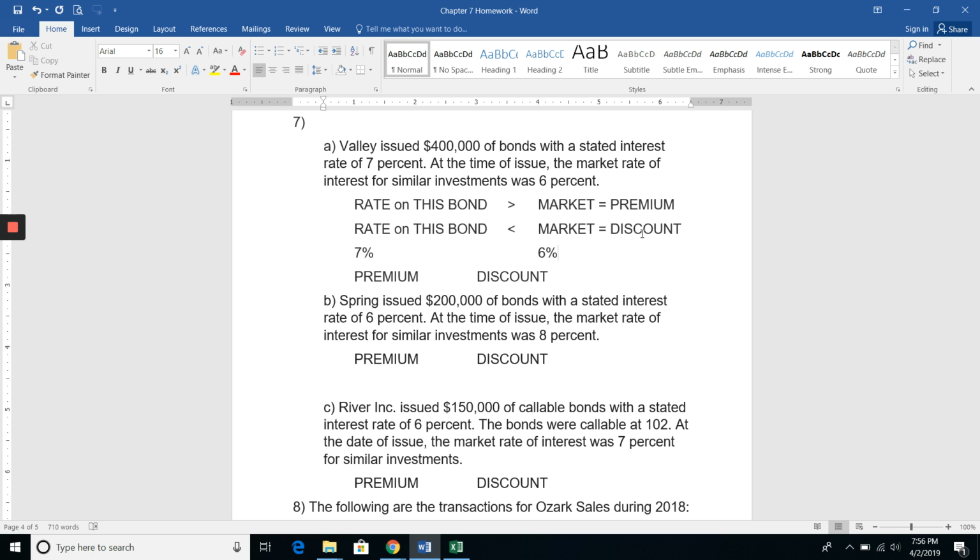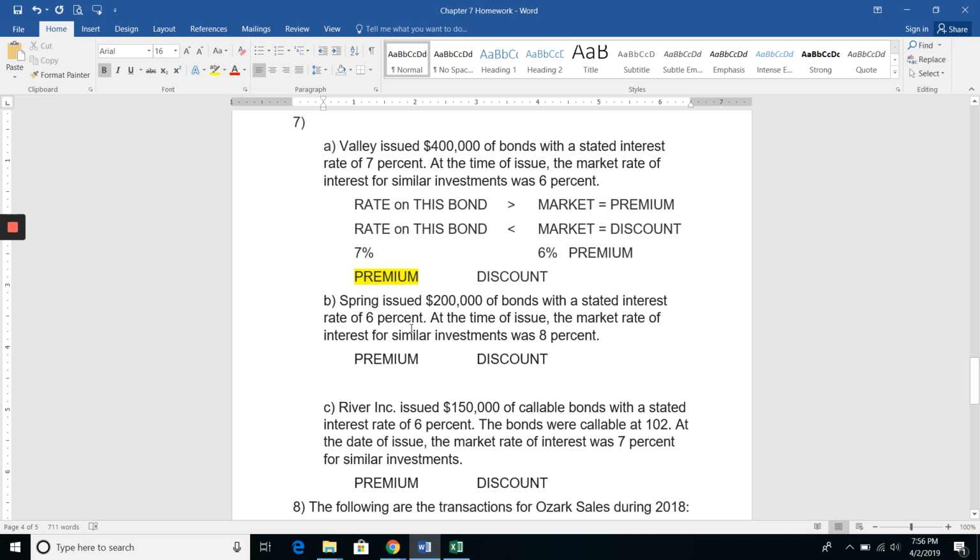We're paying more than the market. So that means that we will get a premium on this particular bond because we're paying more. If you were to buy our bond, you would get 1% more than the other bonds that are available on the market. So we are going to have a premium for this particular bond.